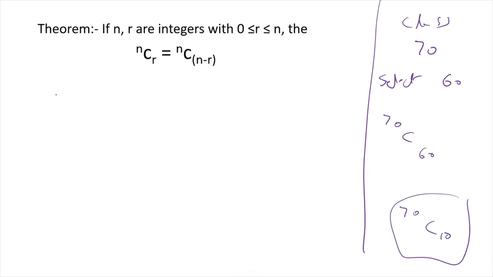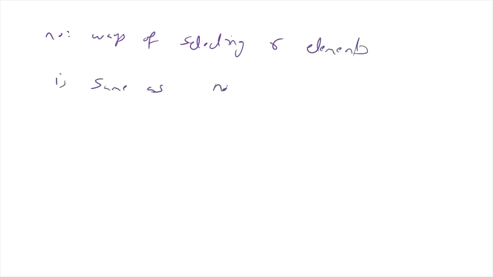So the first proof is like this. The number of ways of selecting R elements is the same as the number of ways of removing n minus R elements.